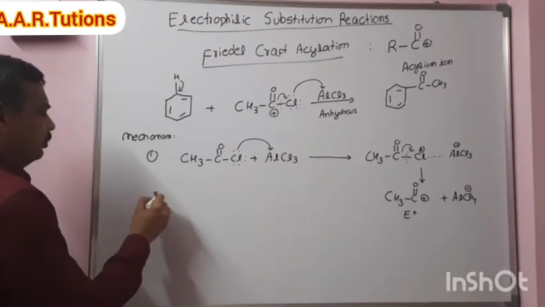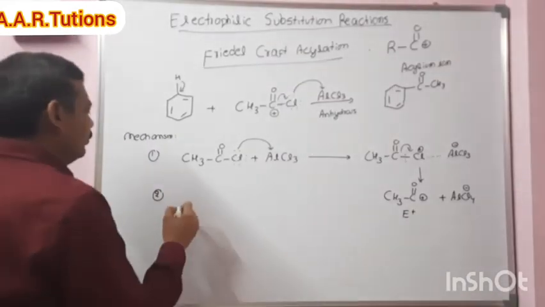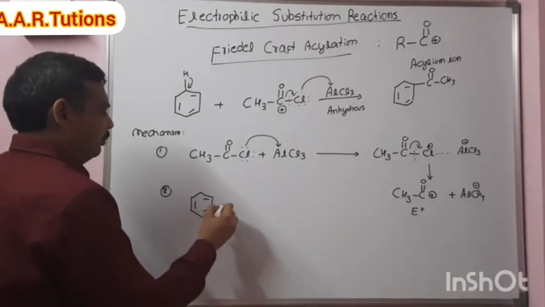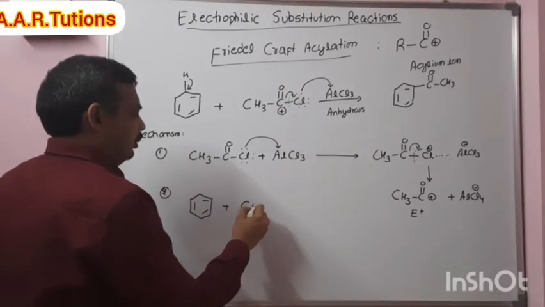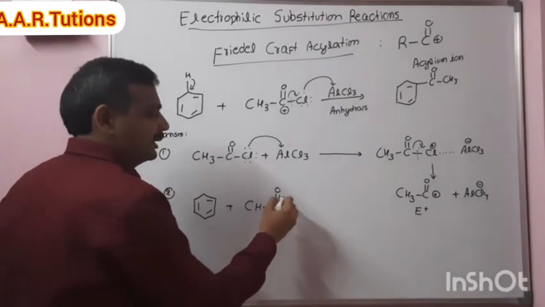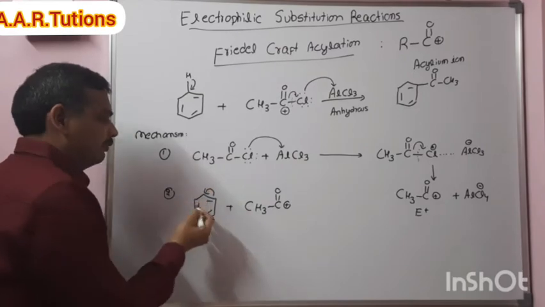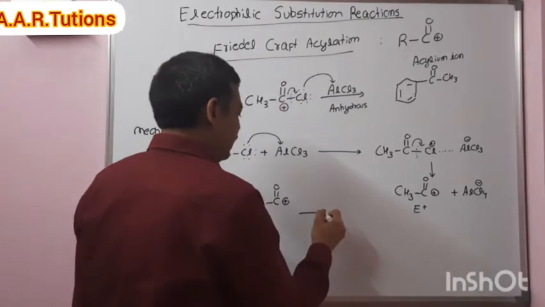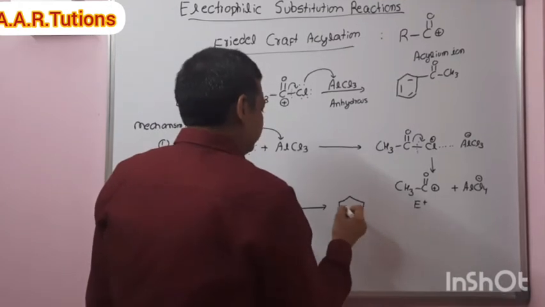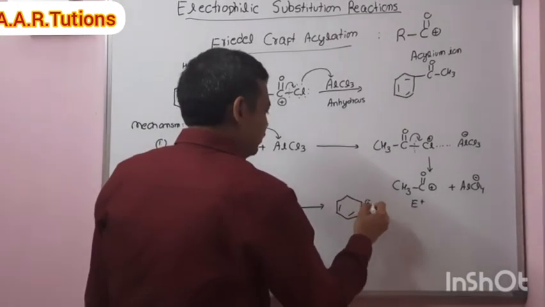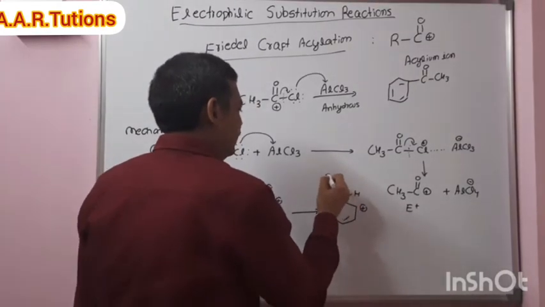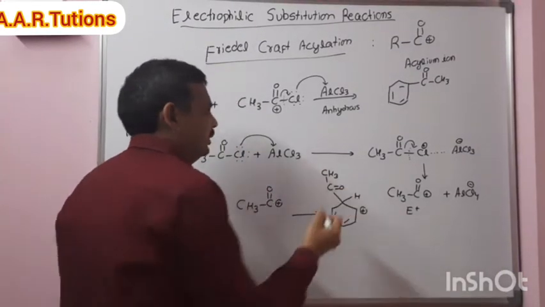In step 2, attack of the electrophile. Benzene reacts with the electrophile, the acylium ion CH3CO+. The shift of electrons takes place from here to here. Then you get a sigma complex, with a positive charge, hydrogen and COCH3.